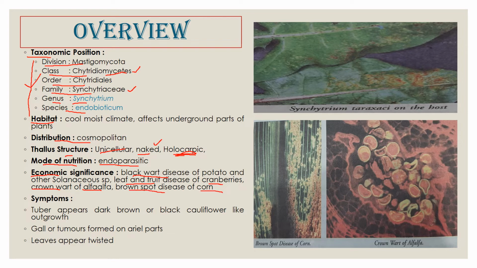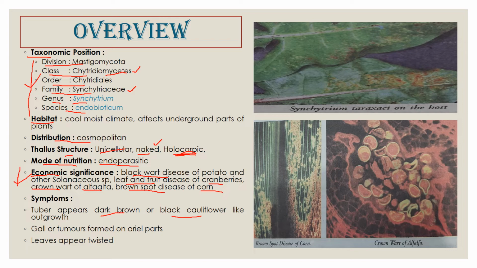So these are the economic significance, the crop loss that is caused, and the symptoms of black wart, which is the main disease. In the underground tuber portion, the cells become hypertrophic and hyperplastic, and they form this dark brown or black cauliflower-like outgrowth, which you saw in the very first slide of this video, that dark colored cauliflower-like outgrowth in the tuber.